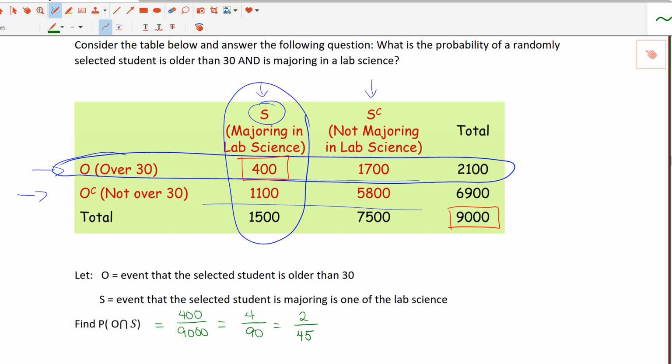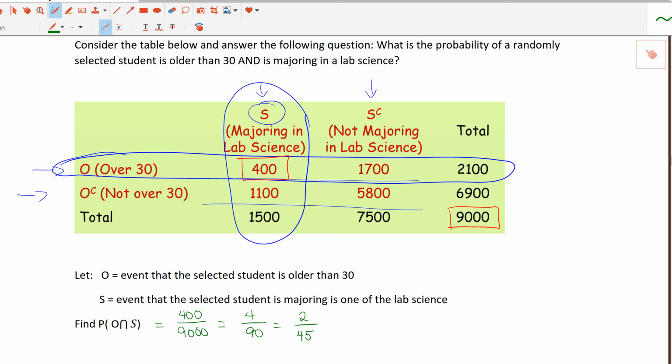Now with probabilities, I tend to leave my probabilities as fractions, because that's one area that I like fractions, because that tells me 2 out of 45 of those people, out of every 45 people at this school, 2 of them are over 30 and majoring in lab science.